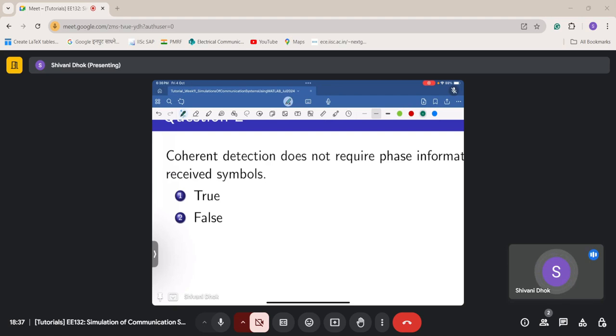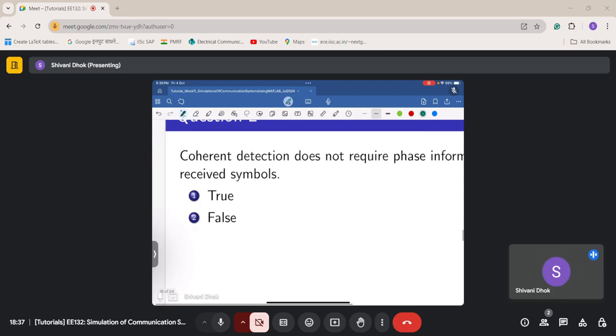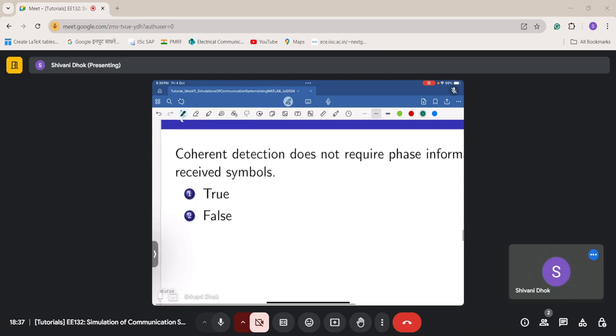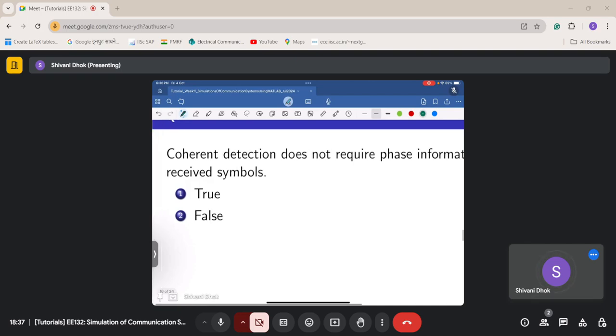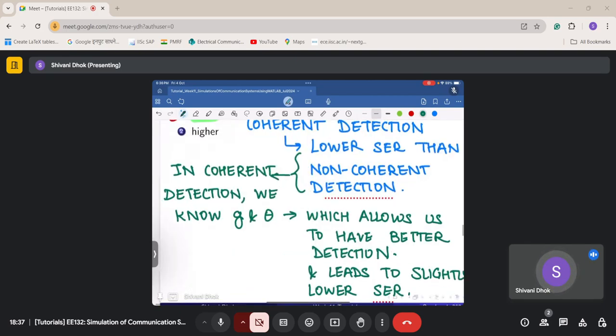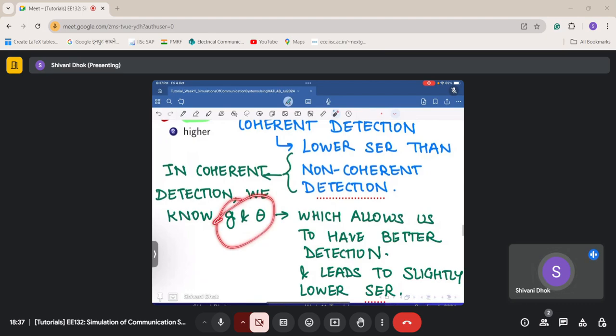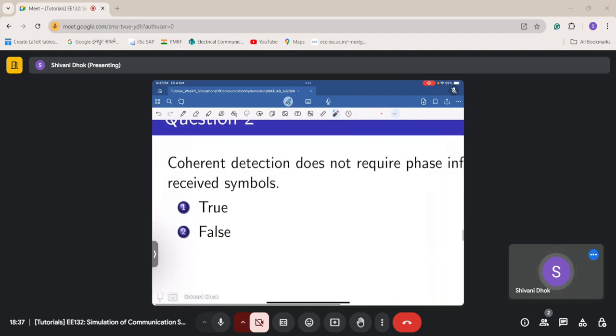It says that coherent detection does not require phase information for detecting the received symbols. No. We said that coherent detection requires G and theta, which means that it requires the knowledge of this phase, that is theta. So this is a false statement.